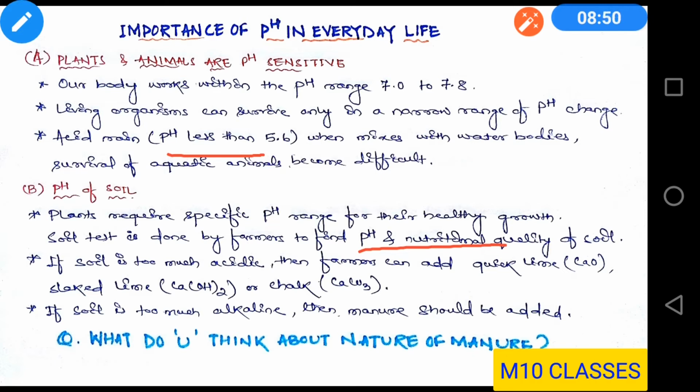But in case of pH, if the soil is very acidic, you have to add some base to neutralize it. So what are they? The farmers can add quicklime, that is calcium oxide, slaked lime, that is calcium hydroxide, or chalk, that is calcium carbonate. And if the soil is too alkaline, they can add manure to it. So you can say that the nature of this manure is acidic.